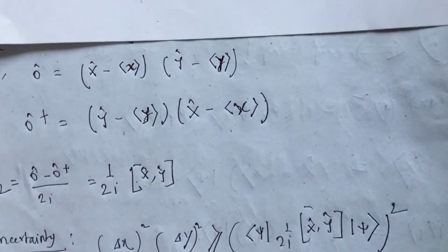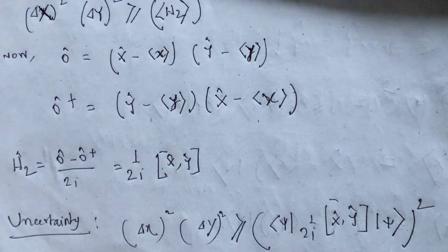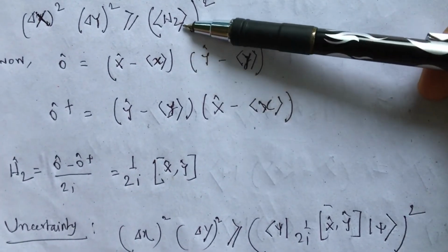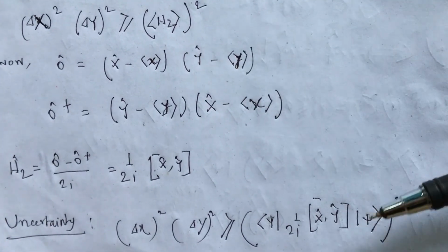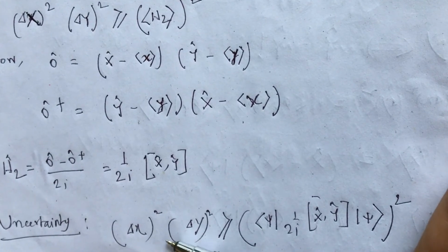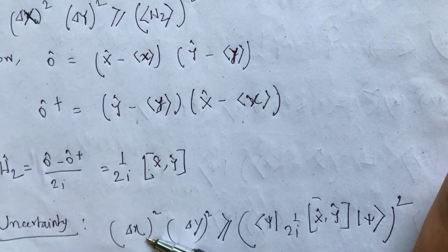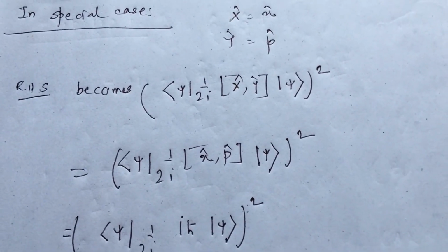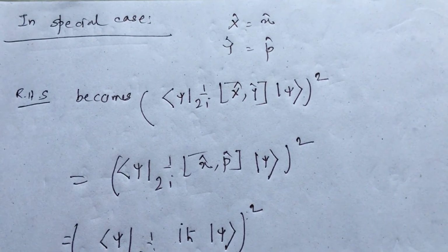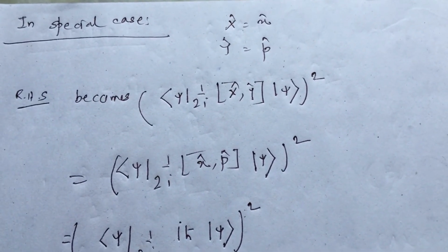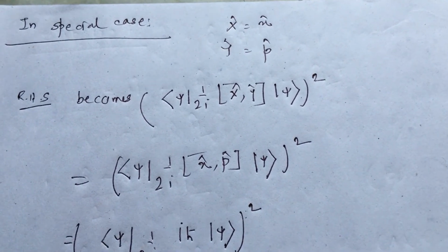So for uncertainty, from this relation, this H2 expectation square can be written like this, and on the left hand side I have uncertainty in x square into uncertainty in y square. That was the general uncertainty relation. It was not meant for position or momentum. It could be applicable for energy and time also.